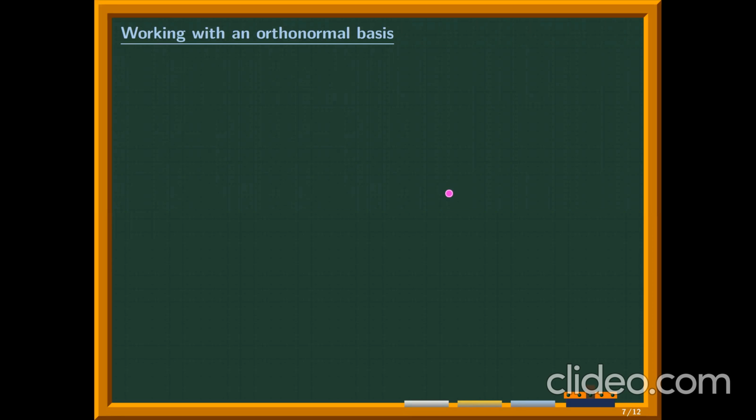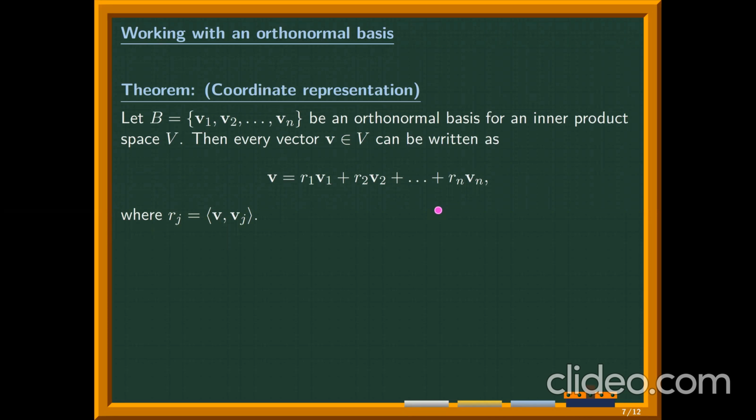One convenience of working with orthonormal bases is the ease of computing the coordinate representations of vectors. This is described precisely by this theorem. Suppose V is an inner product space with orthonormal basis B containing vectors v1, v2, up to vn.